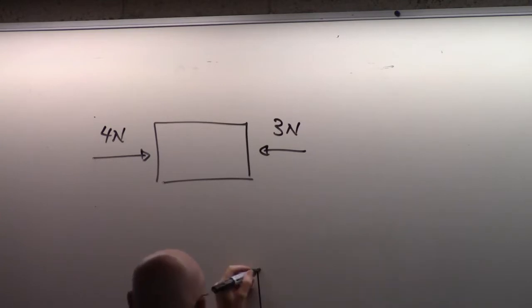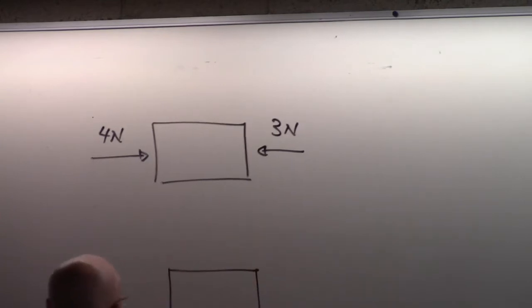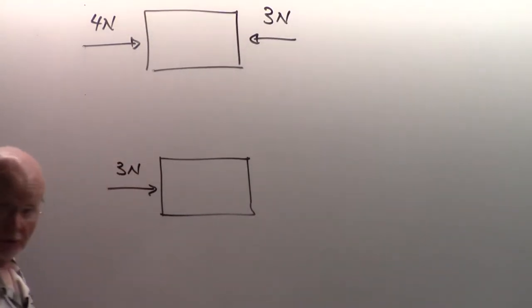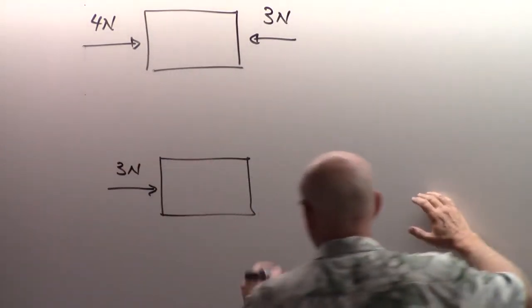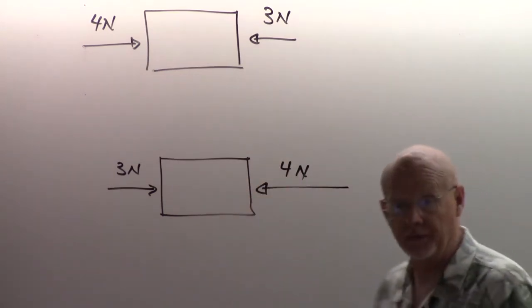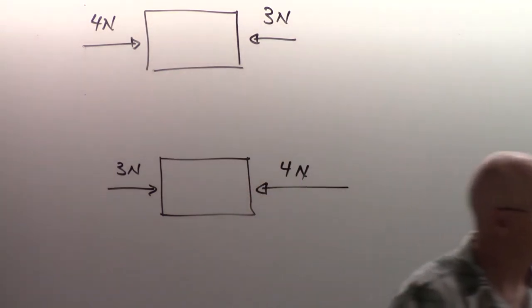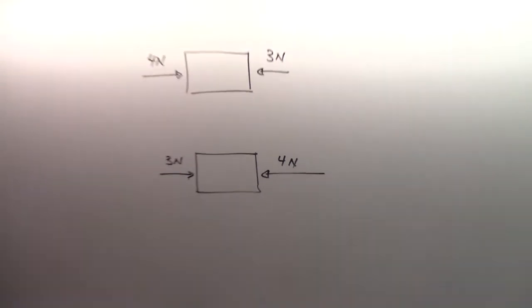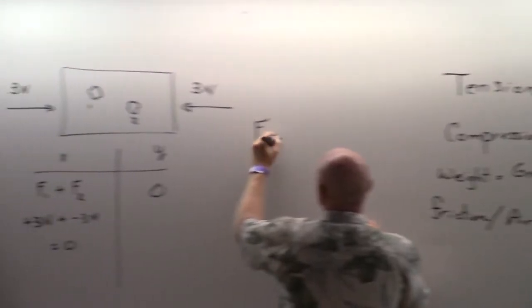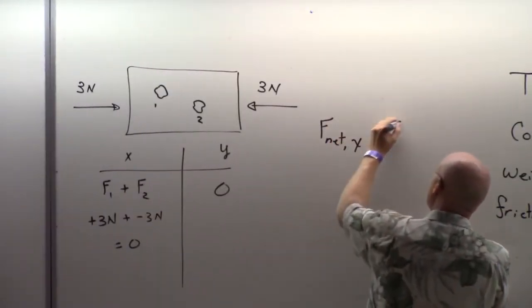And compare that to, what if I only push with 3 to the right, but somebody else pushes to the left with 4? So if I come back to this one, I might say that the net force in the x direction was 0.